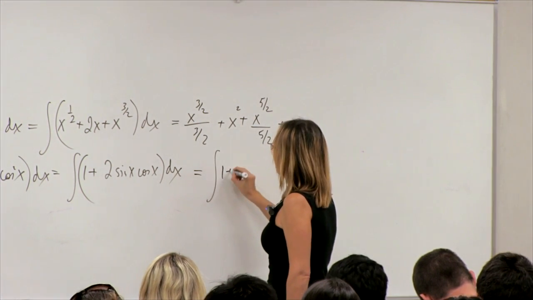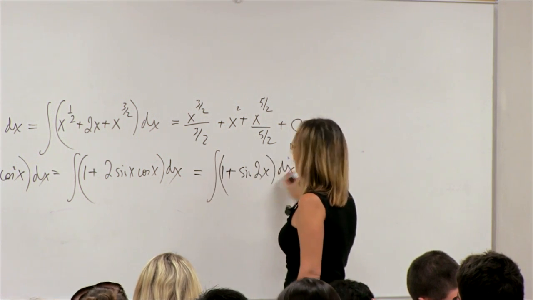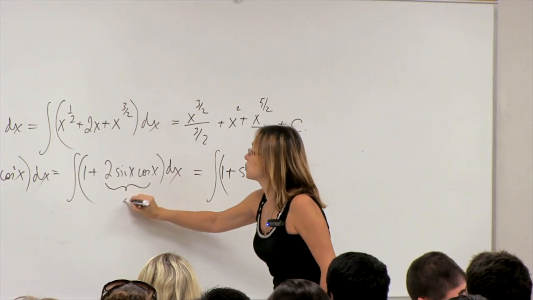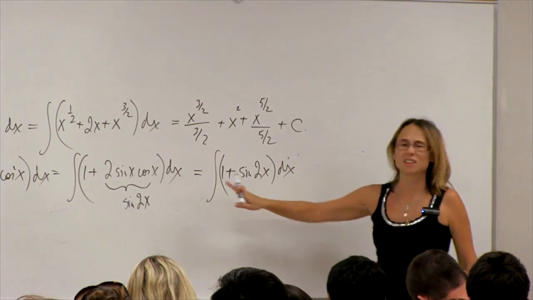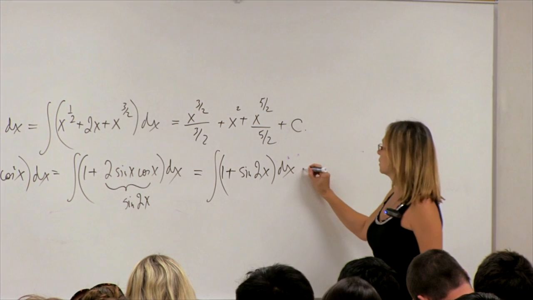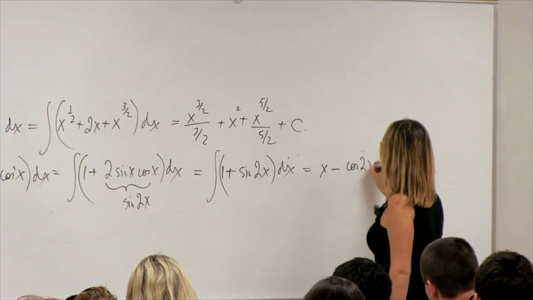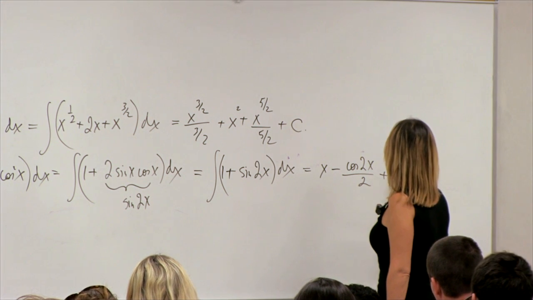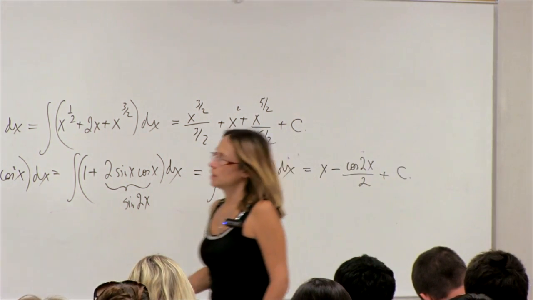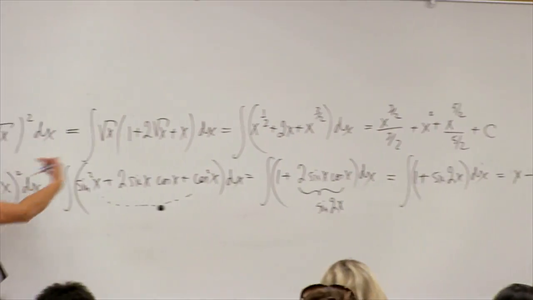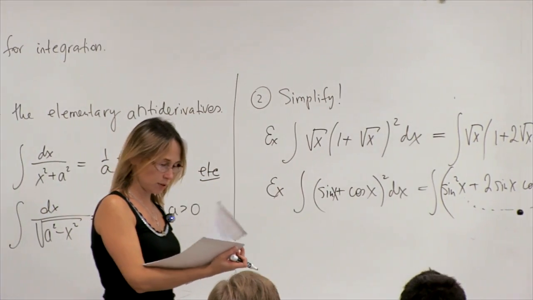I can say that this is 1 plus sine 2x, by remembering that 2 sine x cos x is equal to sine 2x. There's another way of doing the same integral, but let's do it like this. So we have x minus cos 2x over 2 plus c. Okay? So again, I have a full square. I expand it, I open the brackets, and I see where I get.